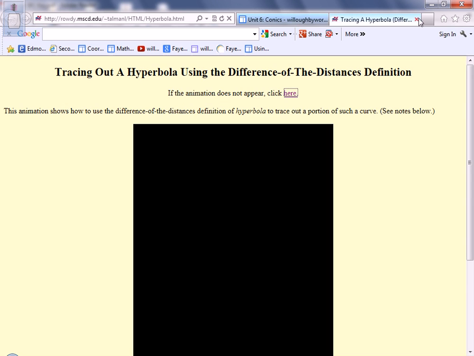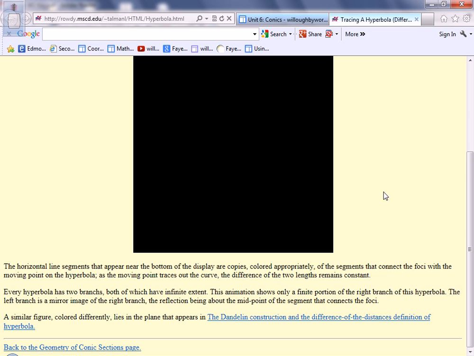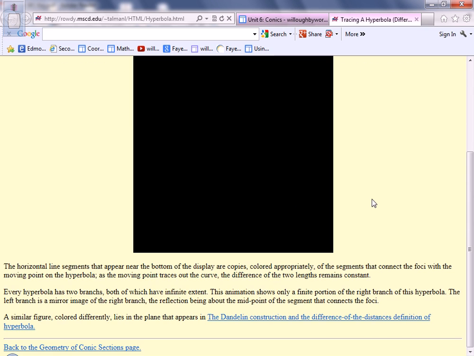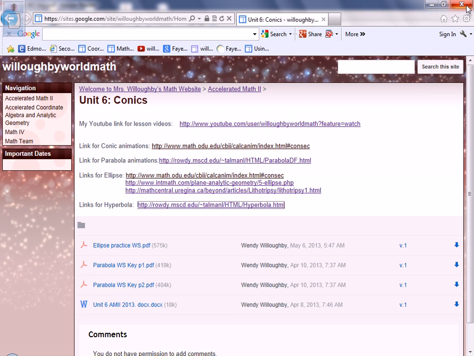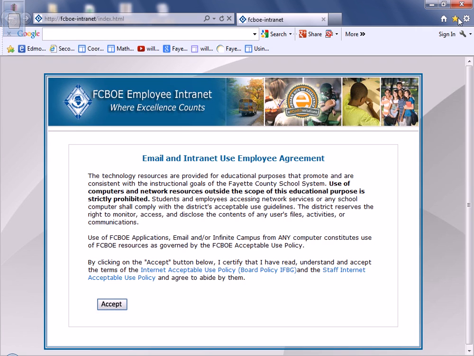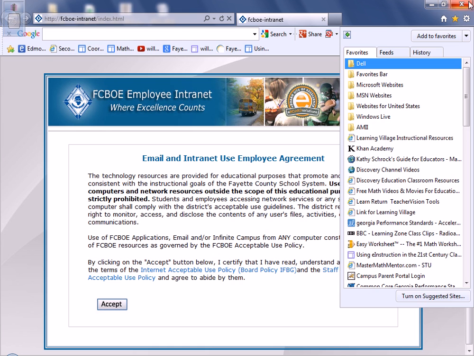The animation is not appearing. Where is it? Doesn't that look good? Y'all like that? I see it. I don't see it. Hey, it worked last period. Bam. Perfect. Try a different browser. Oh, that's a good idea.